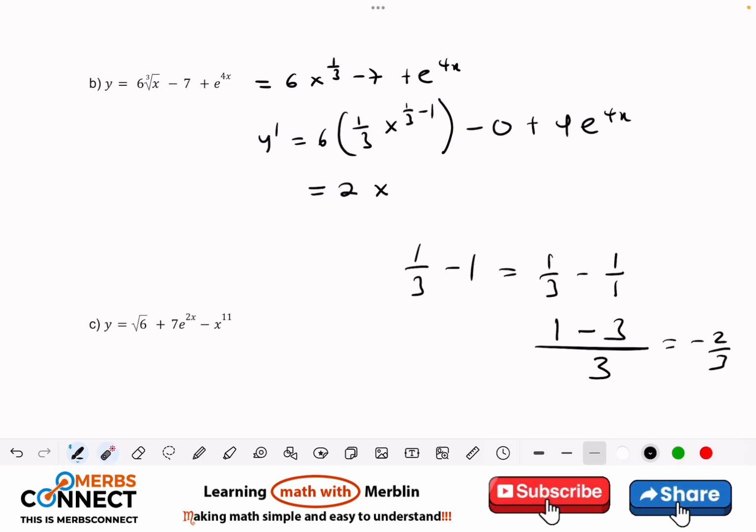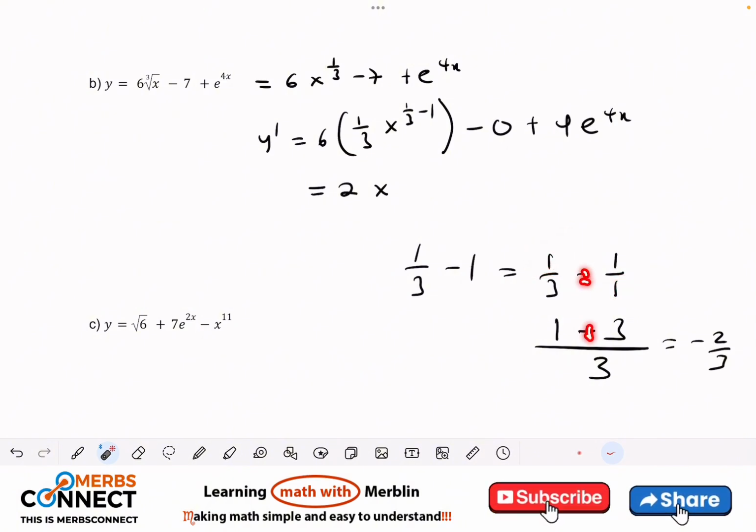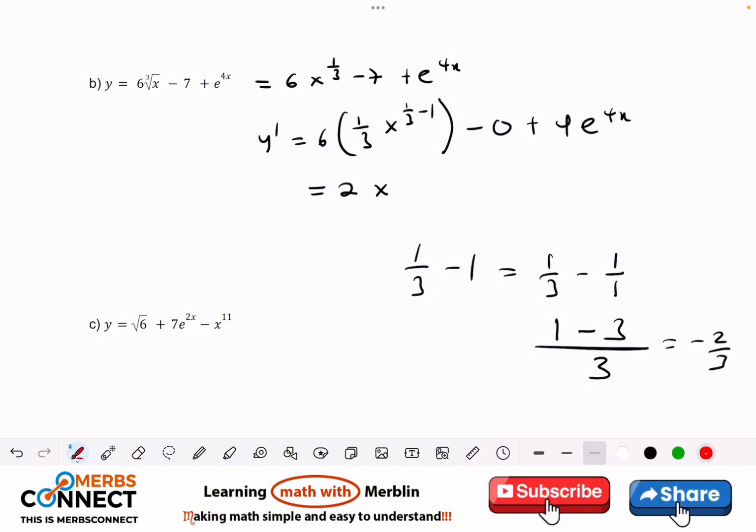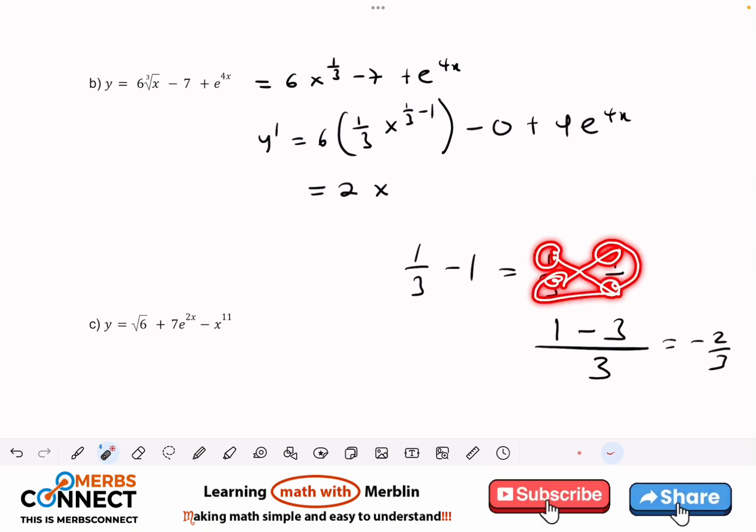This works for all fractions. Anytime you want to simplify a fraction, this one first multiplies by this. If it is plus, you put plus; if it is minus, you put minus. Then this times this, then divided by this times that. So this is the pattern. If I want to do it in a pattern form, I go like this times this, then this times this, then this times this.